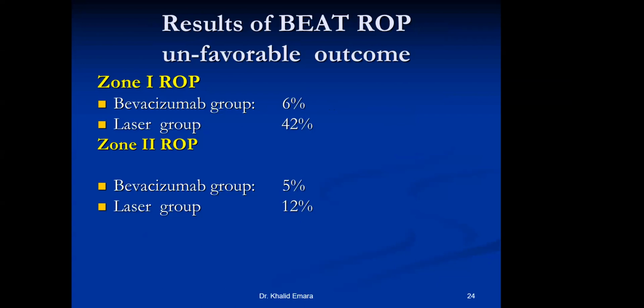And in zone 2 disease, they are almost equal, despite that the result of anti-VEGF is slightly better. However, this is not statistically significant, which means that in the future, people are shifting gradually from laser therapy to anti-VEGF in the management of retinopathy of prematurity.